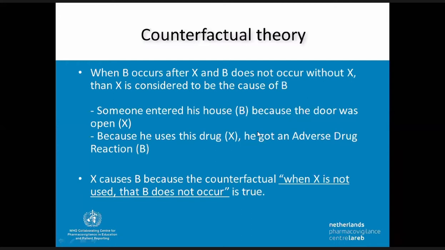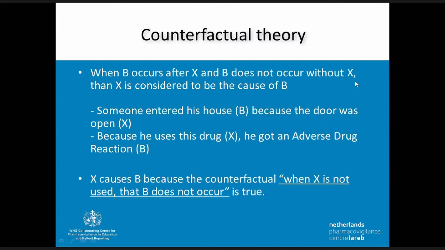B only occurs after X, but then B does not occur without X. In this way, you can say that X is considered to be the cause of B. So for instance, if someone entered his house, and the house is B because the door was open and the door is X, that means that this person entered the house because of X, and so X is the cause of B. Now, in terms of drugs, because he uses this drug, which is X, he got an adverse drug reaction, B. So X causes B because the counterfactual, when X is not used, then B does not occur.